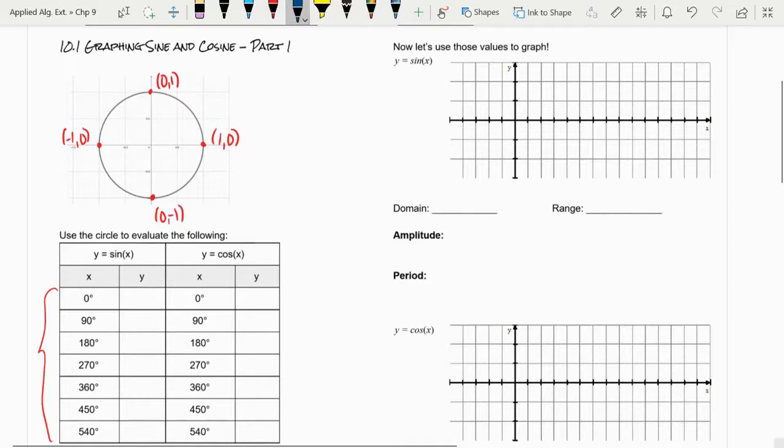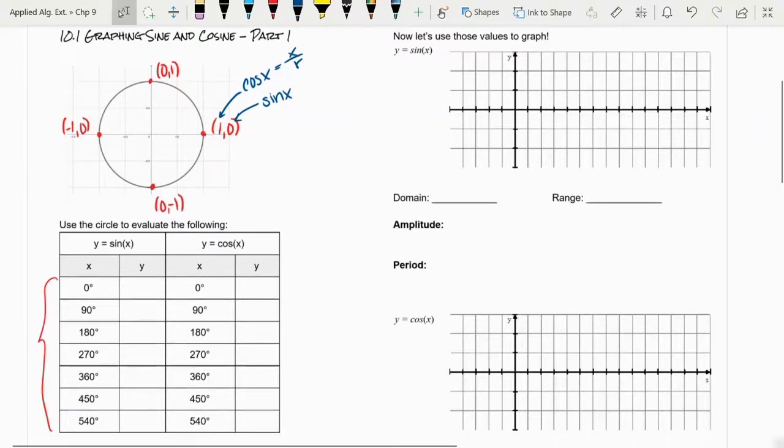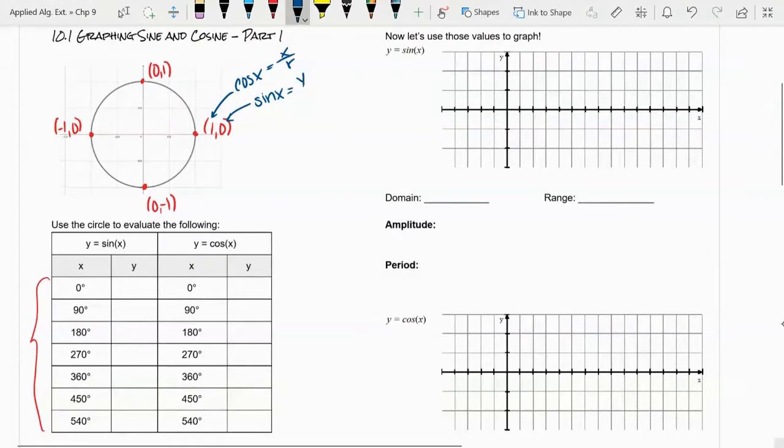And if you remember from our previous lessons, the x is our cosine and the y is our sine, right? Because really cosine is equal to x over r, and sine is equal to y over r, and r is always 1.